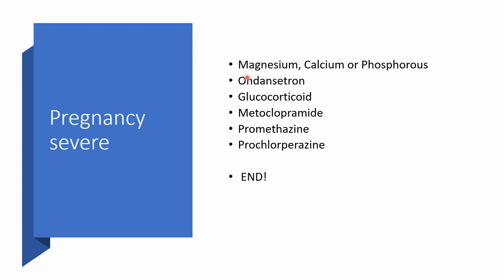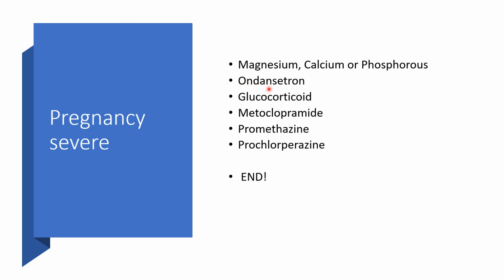Now, finally, in severe hyperemesis gravidarum, the pregnant woman is right here. We can give some of these substances, that is magnesium, calcium, and phosphorus, but you must be sure that electrolyte has been assayed. We must know the value of these elements before giving another one exogenously, so that we don't predispose the patient to hypermagnesemia or hypercalcemia, as the case might be.